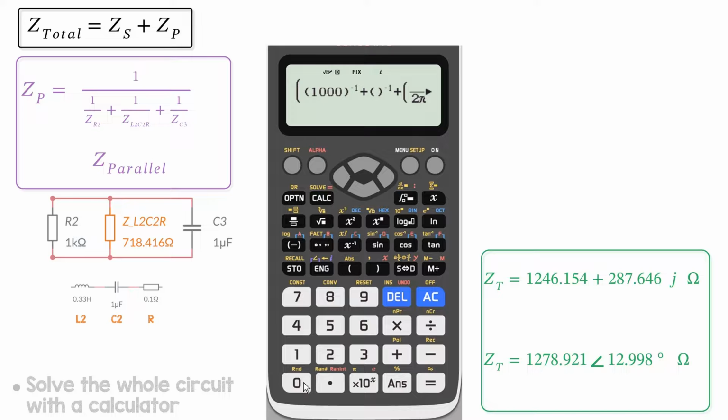That's made up of these components. As we're adding them, you can do them in any order. So 0.1 ohms for R. And because they're in series, we add 0.33 henries is the inductor, so the inductive reactance is 2 pi F times the inductance with J or I on the end.